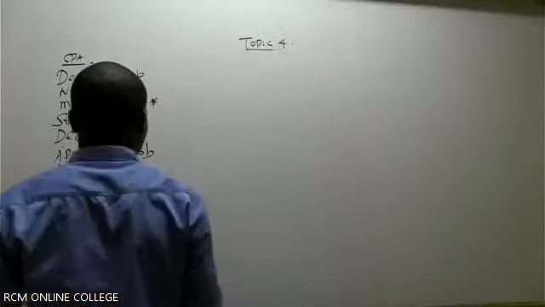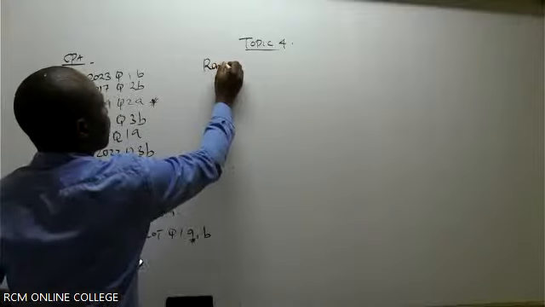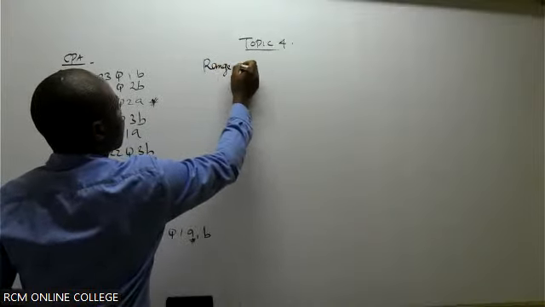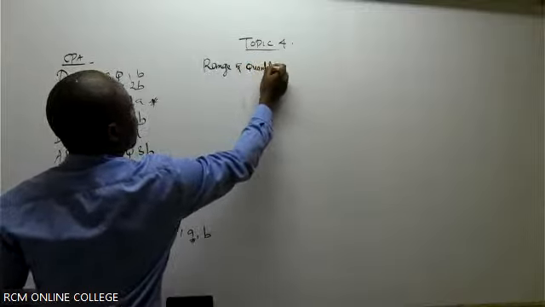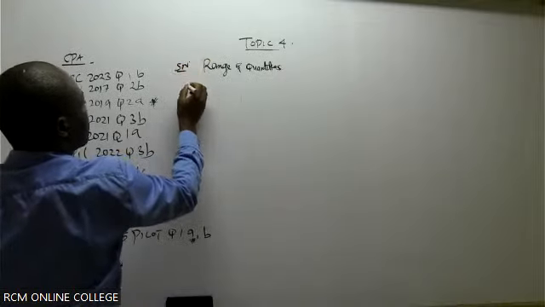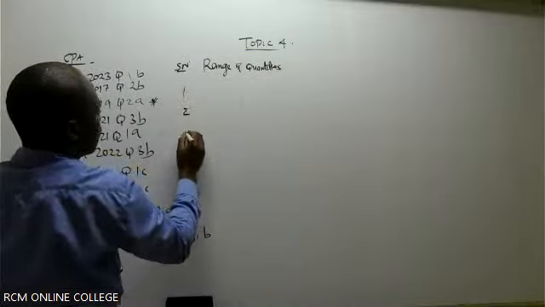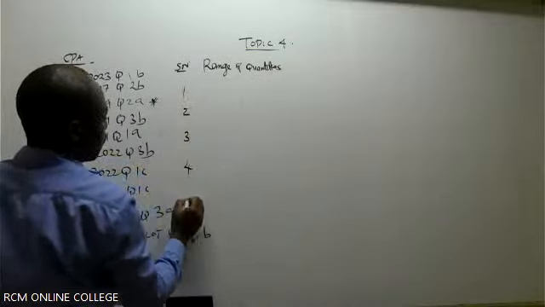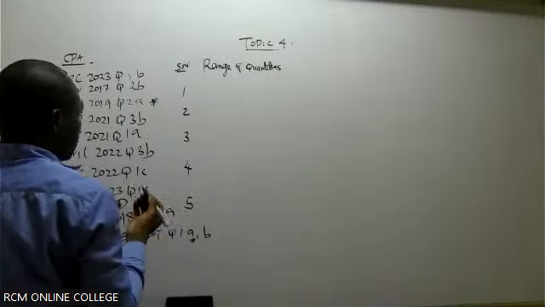So we have range of quantities. Maybe here you can just have 1, 2, 4, 5.